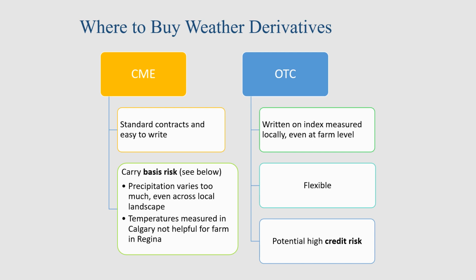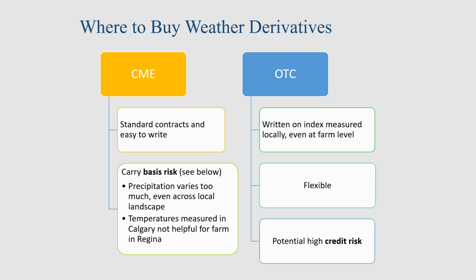So in other words, we write a weather derivative product on outcomes at Calgary Airport under the Chicago Mercantile Exchange, but these are not helpful for a farm located in Regina. Precipitation that occurs over a broad landscape may or may not affect one farmer the same as another. Likewise, the temperature measured in Calgary is not helpful to a farm in Regina.